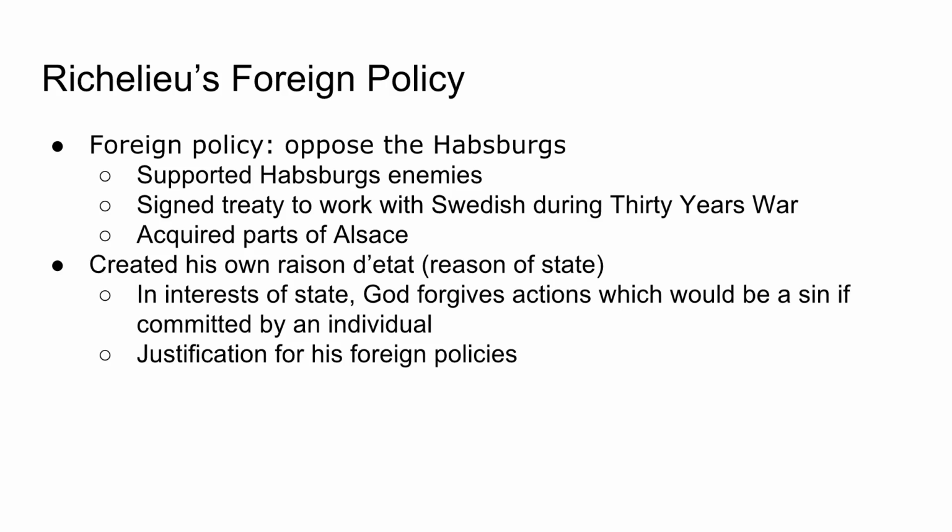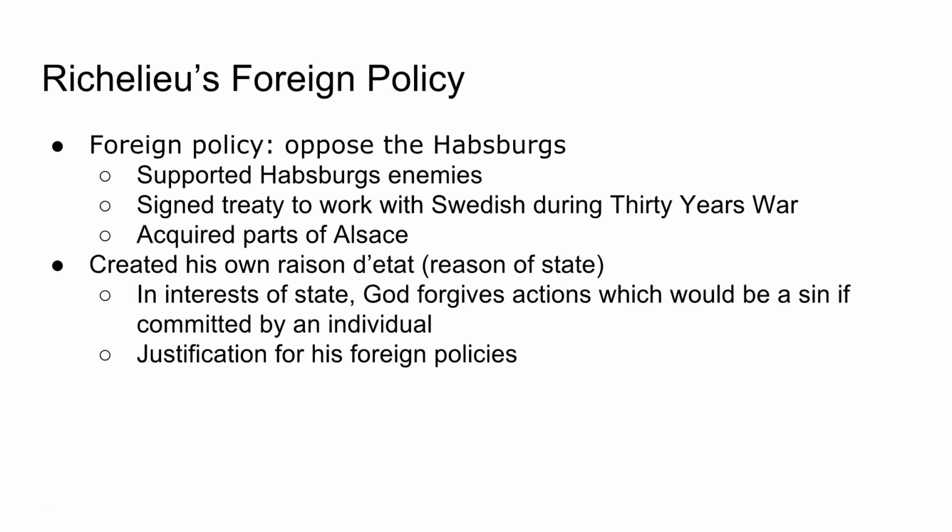In terms of his foreign policy, Richelieu is very much concerned with the Habsburg family. The Habsburgs have been divided into two separate branches: the Austrian Habsburgs, which control, at this point, the Holy Roman Empire, and then the Spanish Habsburgs, which control Spain, the Spanish Netherlands, and the New World holdings. And so they essentially have France surrounded.